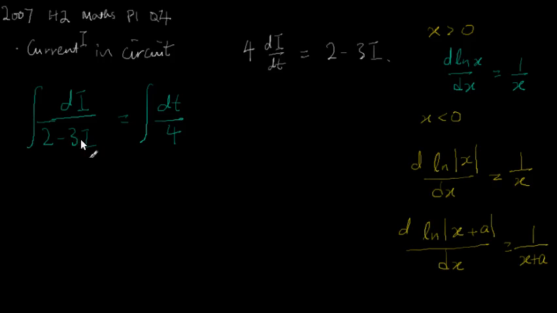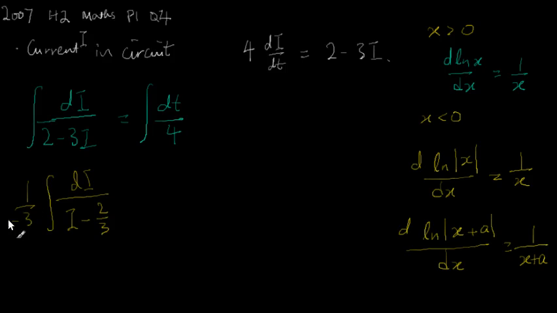And I can do that by factoring out a factor of minus 3 outside a bracket from the denominator. So this is what I mean. I can write it like this. If I take out a factor of minus 3, I'll get 1 over minus 3, and then here I would get 1 minus 2/3.